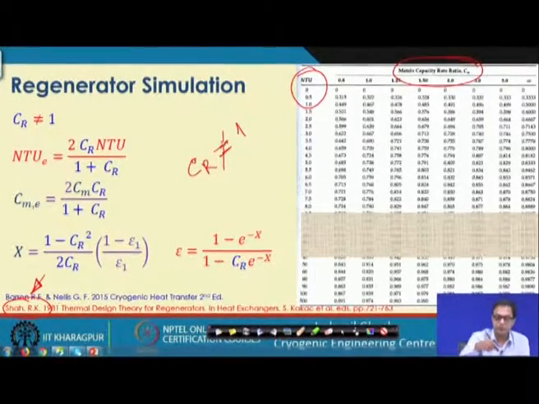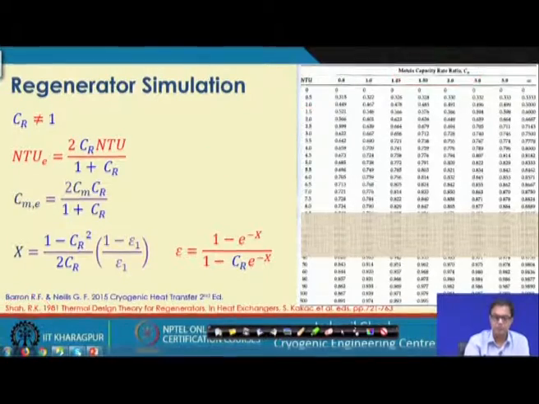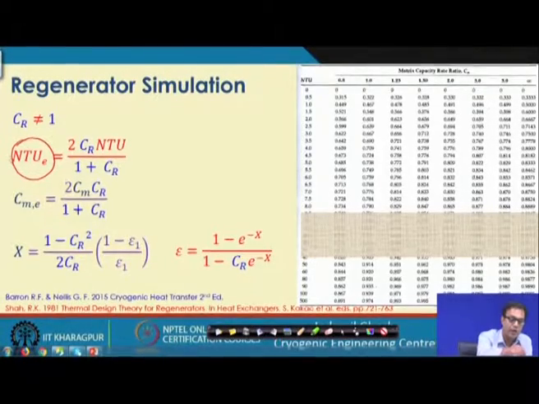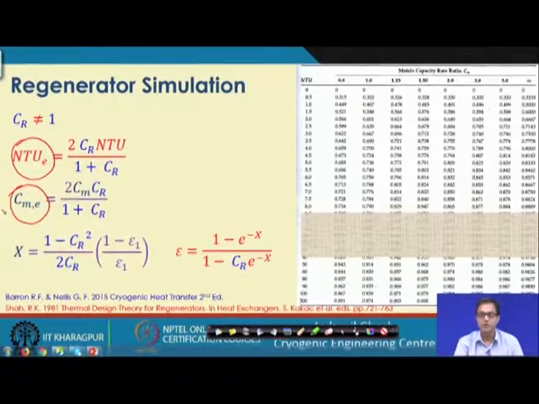Now, when CR is not equal to 1, to make use of this particular chart we have to define some new parameters. One is the effective NTU, and the effective CME, that is the matrix capacity rate ratio, we have to redefine.